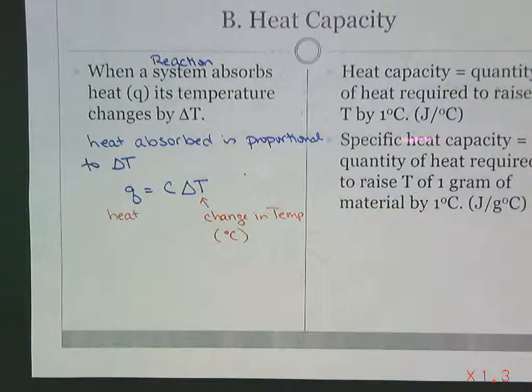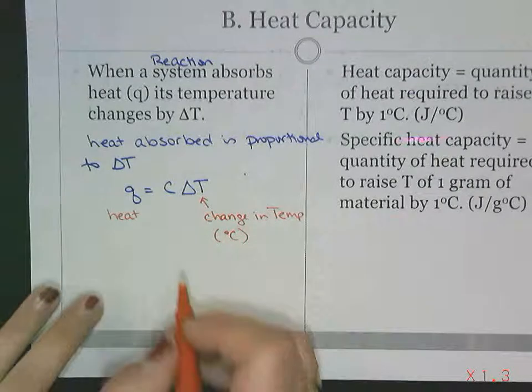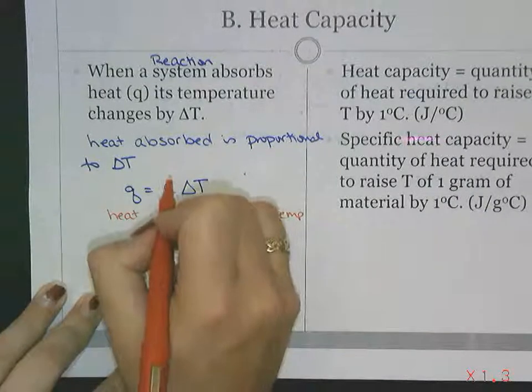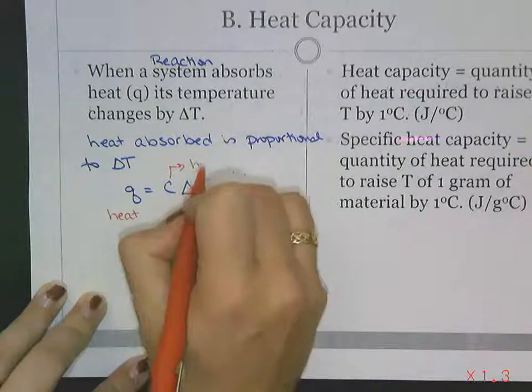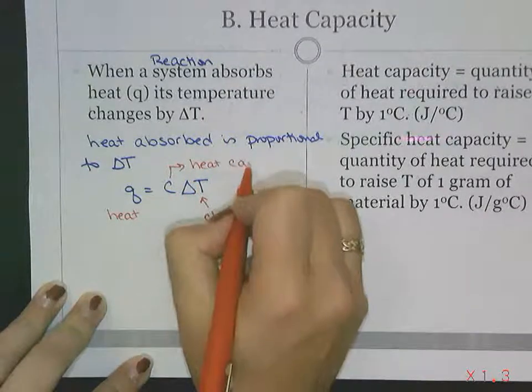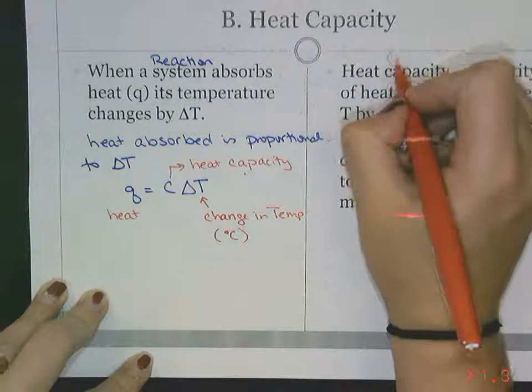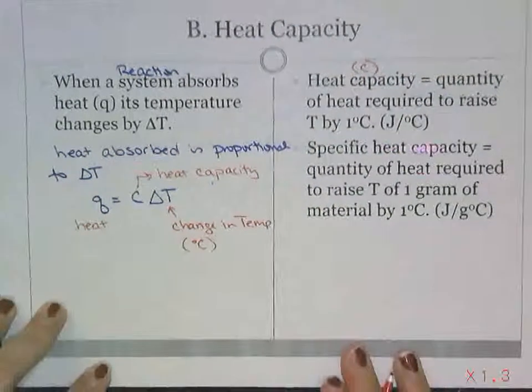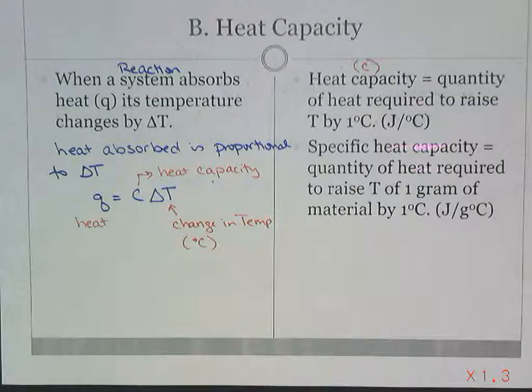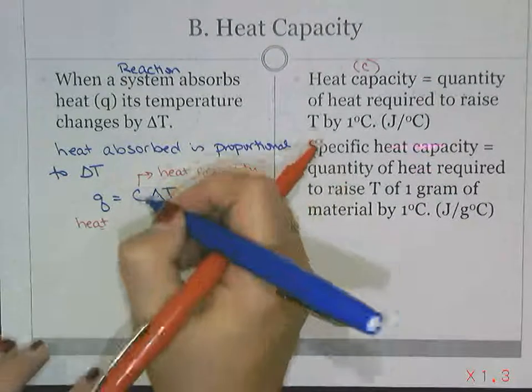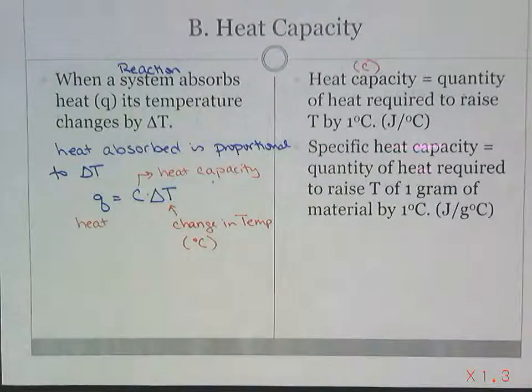Then we have a new letter, C, big C. Big C stands for heat capacity. So that's multiplied by, you can put a little dot or something. I'll put an X in there because then it looks like an extra variable. It's just C times delta T.